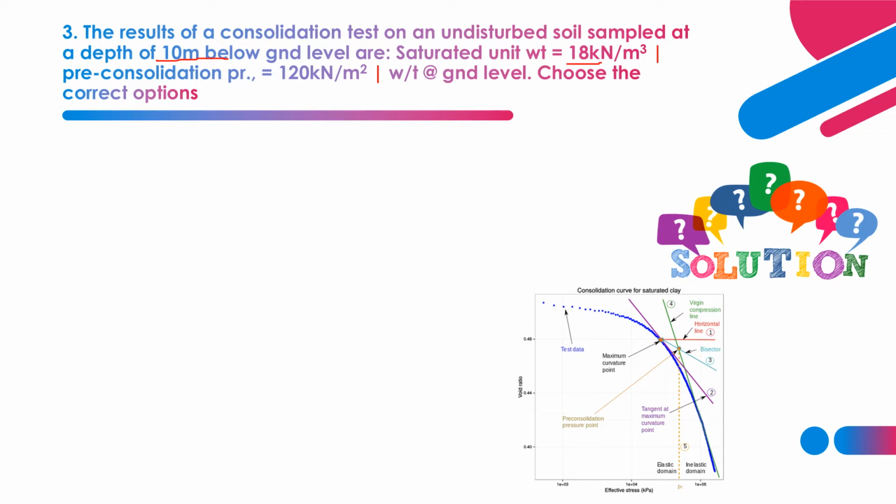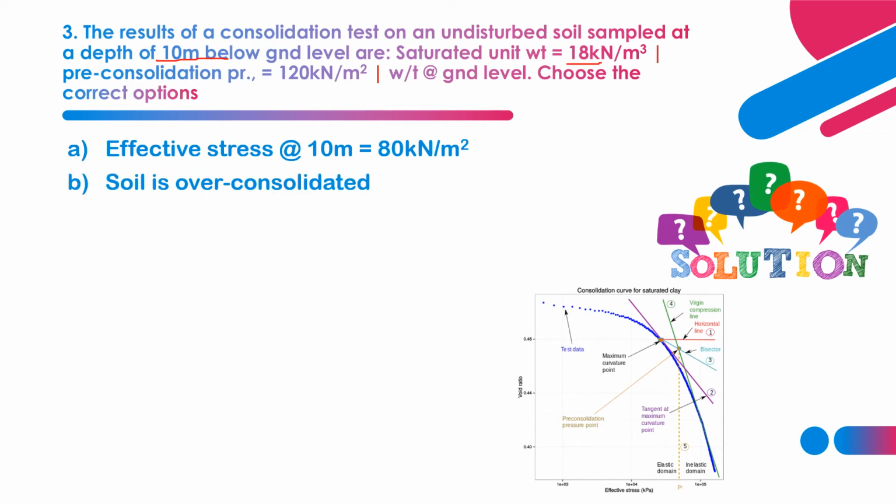We have to choose the correct options. It is an MSQ type, multiple select question. More than one option can be correct. Option A: Effective stress at 10 meter depth is 80 kilonewton per meter square. Option B: Soil is over consolidated. Option C: Soil is normally consolidated. Option D: OCR, that is nothing but over consolidation ratio, is 1.5.